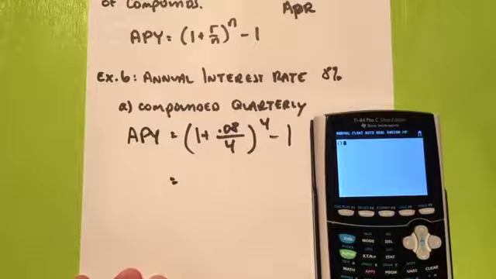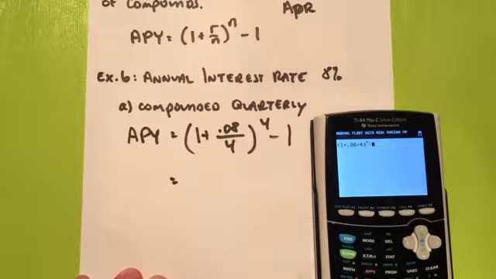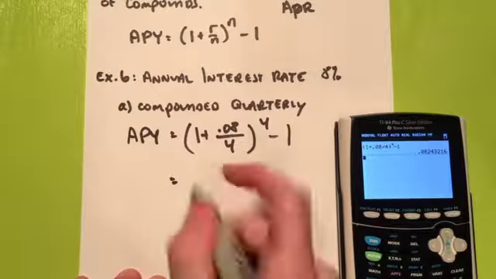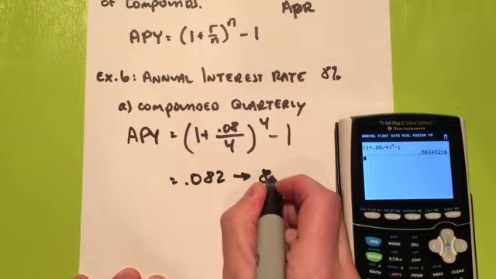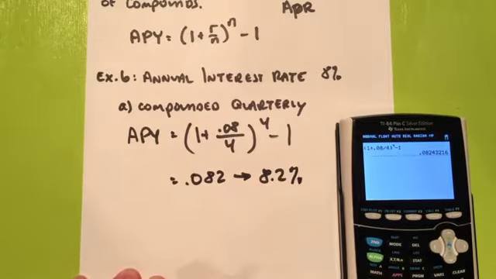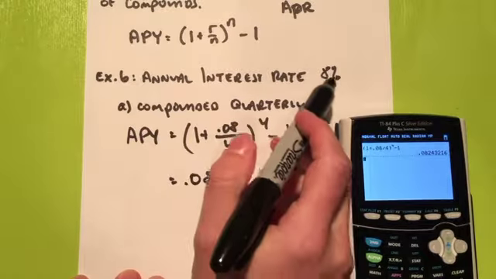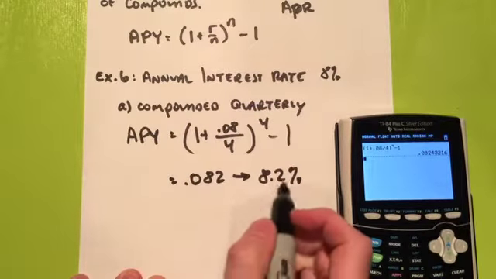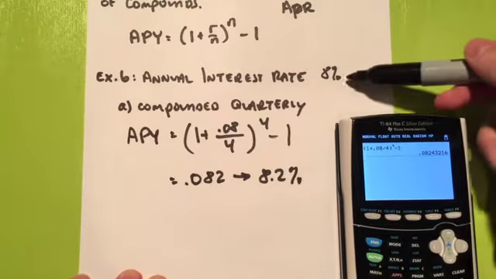We've got, in parentheses, 1 plus 0.08 over 4 raised to the 4, subtract 1. That tells us 0.082, meaning it's an 8.2 percentage of change. So if you have $1,000 in the bank at an 8% interest rate, if it's compounded quarterly, you would get 8.2% at the end of 1 year, not just 8%.